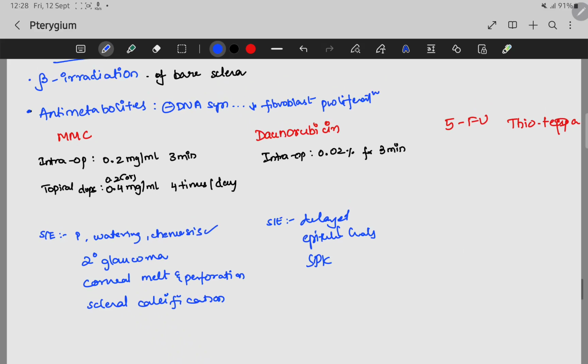Coming to 5-fluorouracil, it is required in very high doses, so it has more side effects.